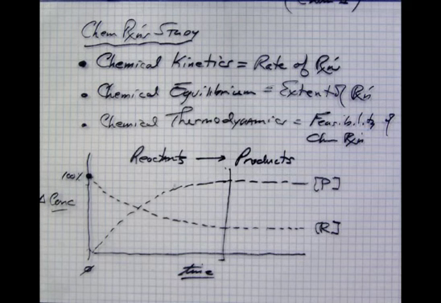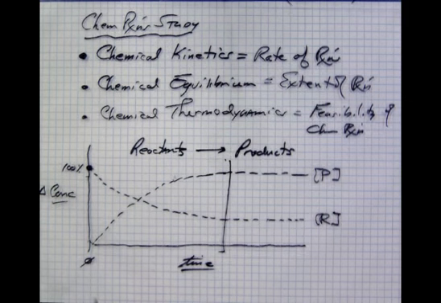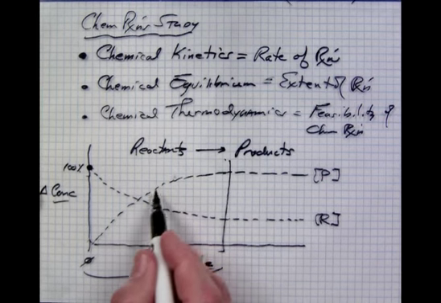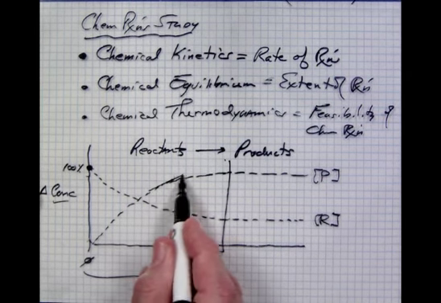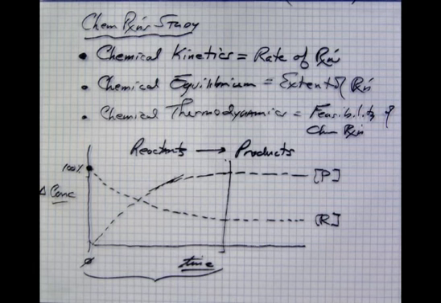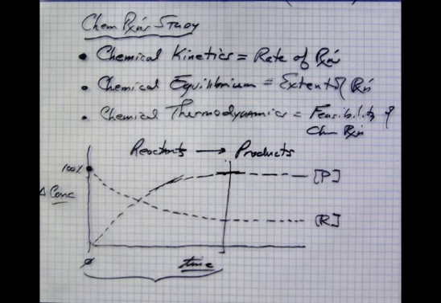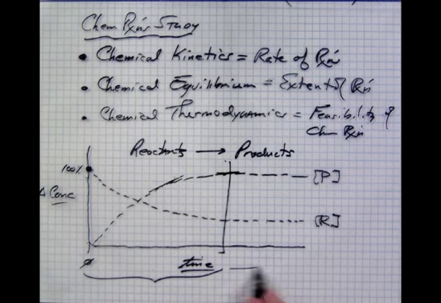When we study chemical reactions, we divide our study into these two areas. When we study chemical kinetics, we'll be studying behavior of reactions in this first portion right here, in which the concentration slope is never zero. It continues to change toward the zero slope. At the zero slope point, you enter what we call the equilibrium region.